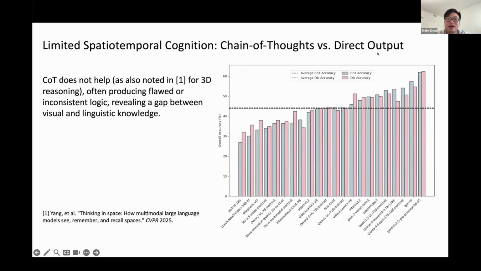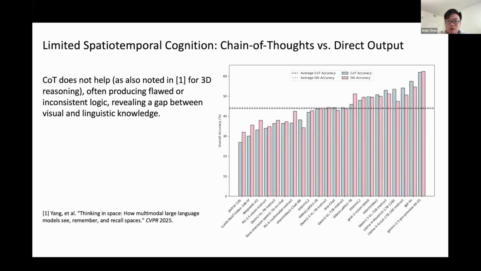Basically, we ask the model to directly output A, B, C, D, which option they would like to choose in the multiple choice question, without providing any reasoning process. And we find that in this case, the chain of thought does not help at all, which is also noted in another early work called Thinking in Space, in CVPR 2025, for 3D reasoning.